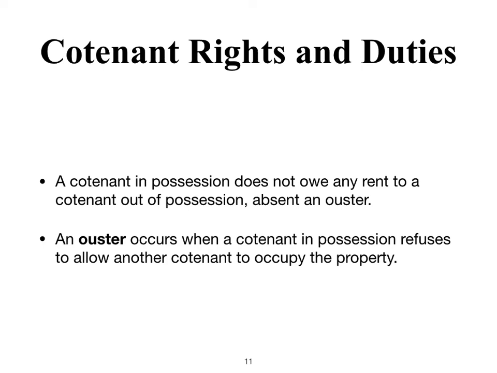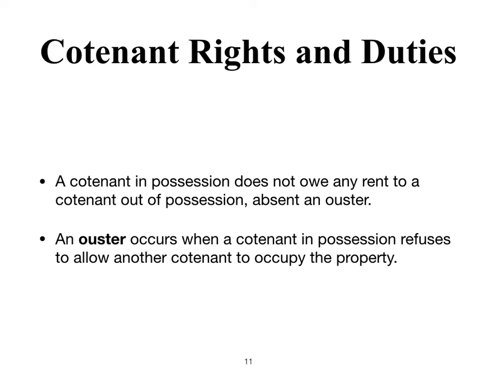I'm going to repeat that. If A ousts B, then A is effectively an adverse possessor. So if B does not assert their interest within the statutory period for adverse possession, then A can take the entire property as an adverse possessor.